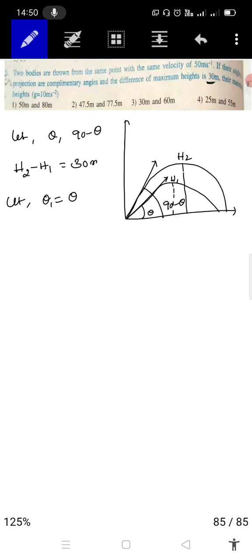Now I am going to find the maximum height. h1, the maximum height, is equal to u square sin square theta by 2g. This is equation 1.